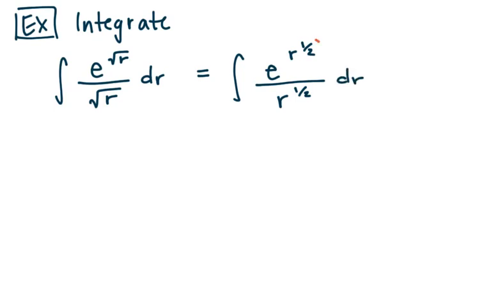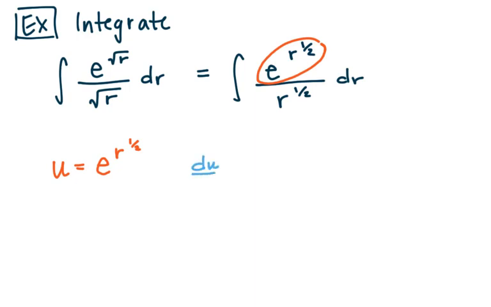So in this situation, I'm going to let e to the r to the 1/2 power be u. So u is equal to e to the r to the 1/2 power. So what would the derivative be?